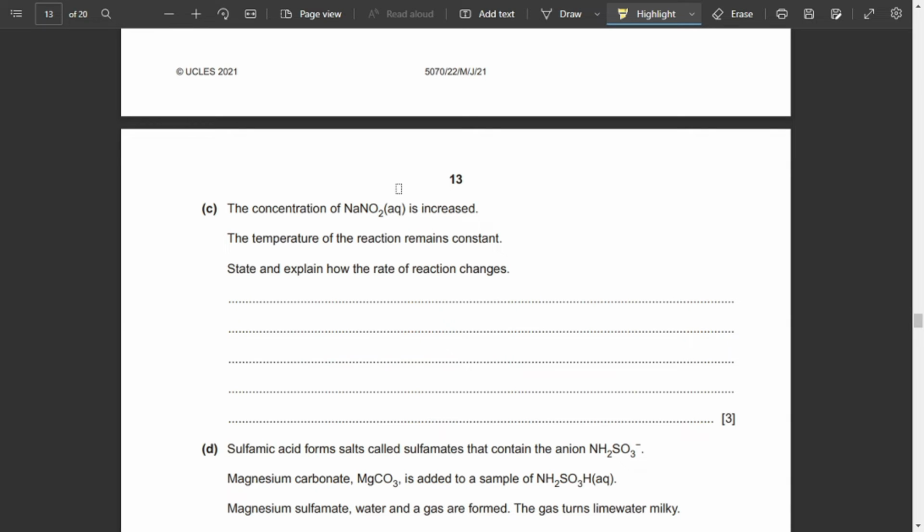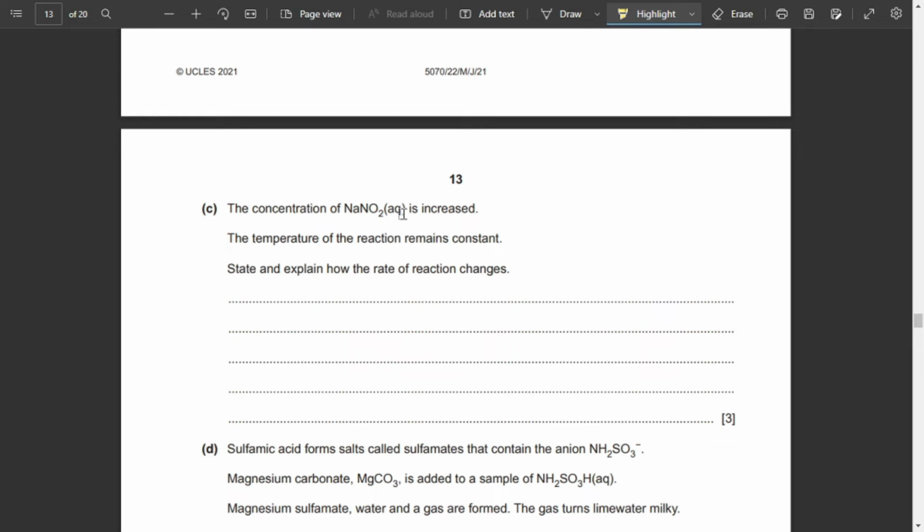the concentration of NaNO2. Alright, remember that whenever we increase the concentration of one side, the other side of the reaction automatically increases. So if we are increasing the concentration of reactant, that means greater product will be formed and the reaction will be faster because the surface area increases.